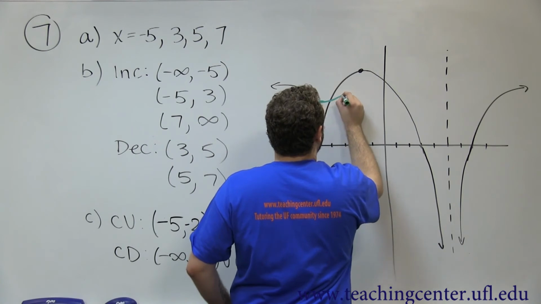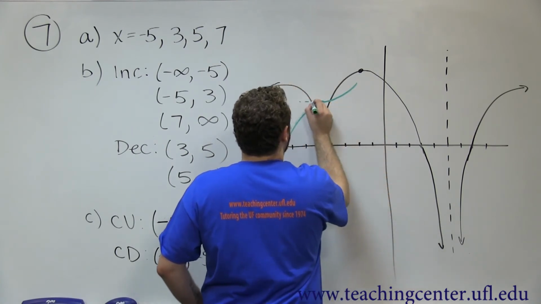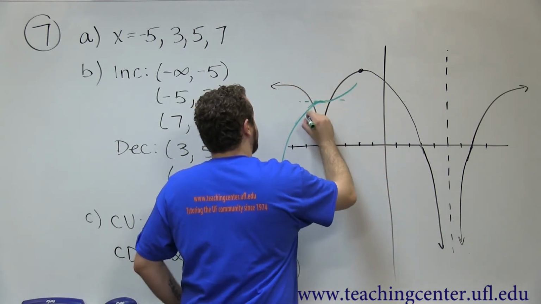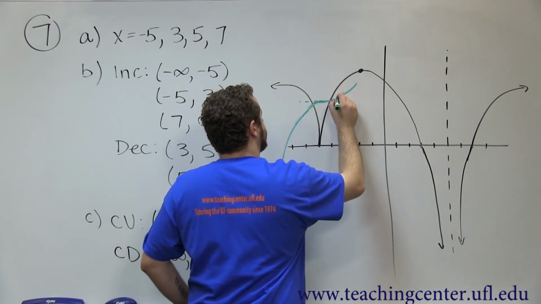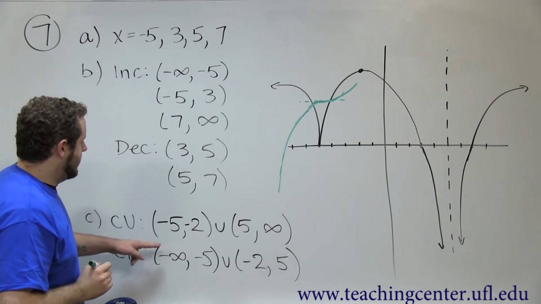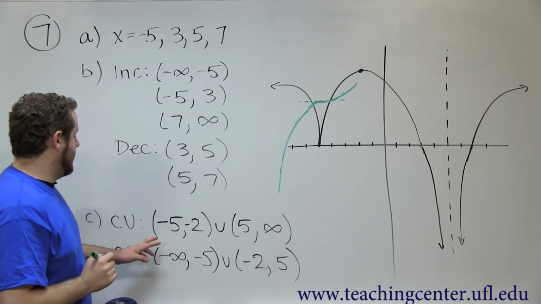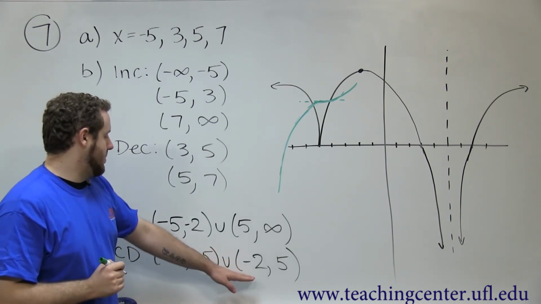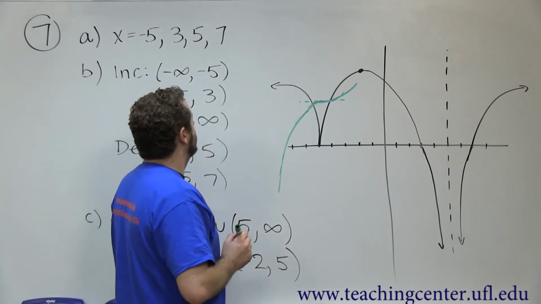So we're going to be like that. This was a horizontal tangent line right here. So we went horizontal for a second, and then we're back to increasing. At -2, we flip from being concave up back to being concave down.